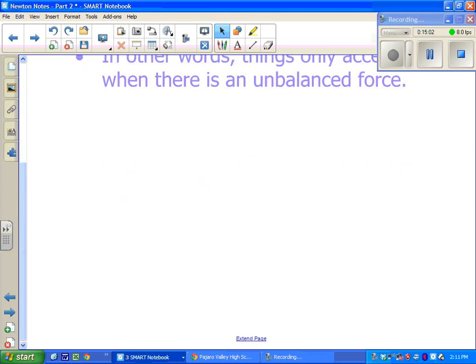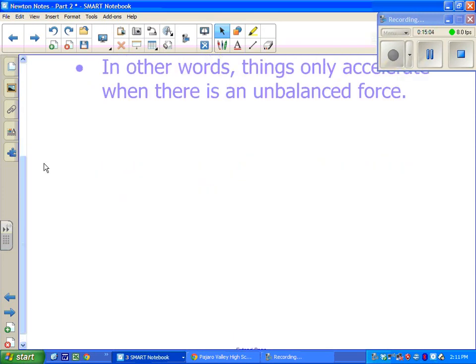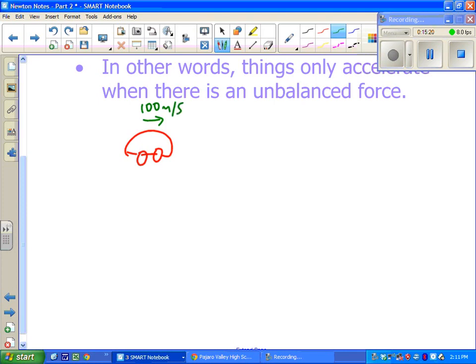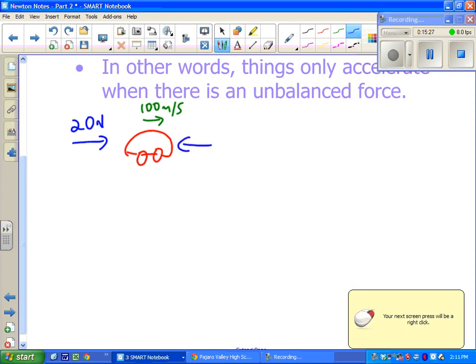Let's look at a few examples. If I have a picture of a car, and my car is going 100 meters per second, and I push it 20 newtons this way and 20 newtons this way, the car will stay the same speed.